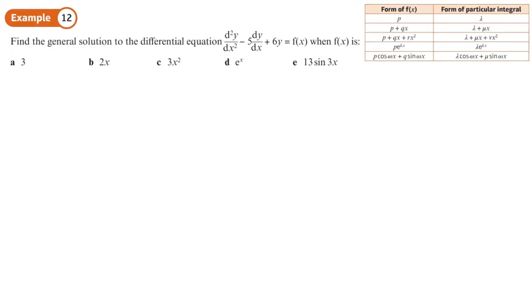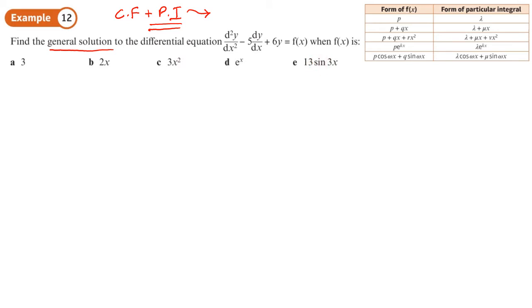So now in this example, we're going to find the general solution. And a general solution, remember, is the complementary function plus the particular integral. Now, we found the values of the particular integrals for these different values of f of x in the previous example.